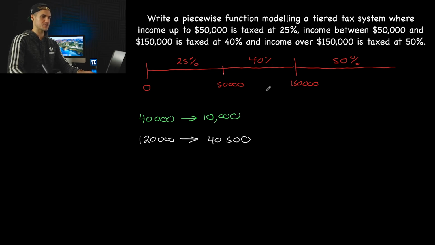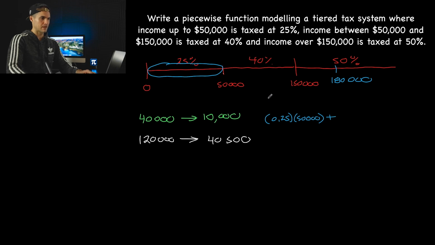And now the third scenario, so let's pick an income over 150,000. Let's say you're making 180,000, like this. Well, same thing is going to apply, only pieces of your income are going to be taxed at these rates. So the first 50,000 of your income is going to get taxed at 25%, like that. And then from 50 to 150, that's 100,000.